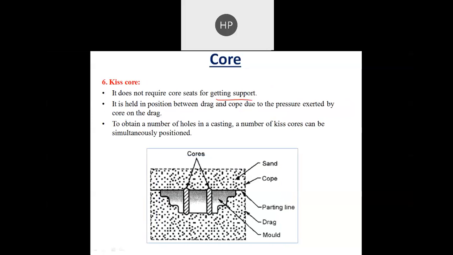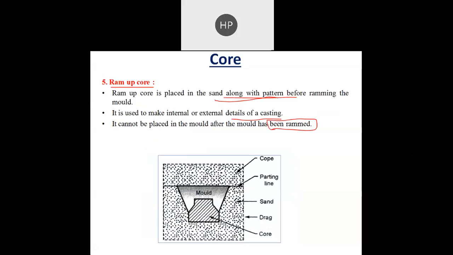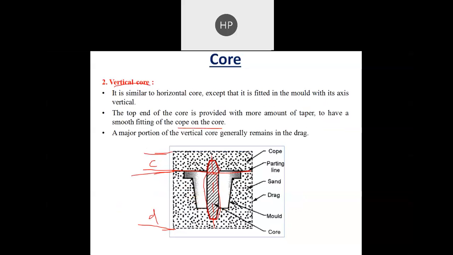Okay, and it is held in position between the drag and cope due to the pressure exerted by the cope on the drag. Okay, so here we are not providing a big seat, like what we have seen in all the other cases.